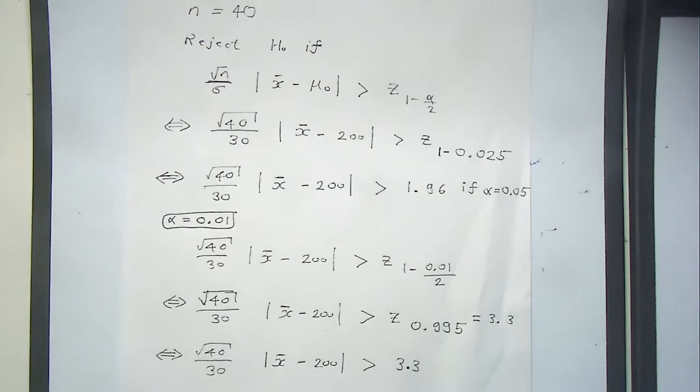Question 2. Alright, we just finished question 1. The other parts are similar, so I'm not going to do those. Question 2, please. You don't need to copy this down.